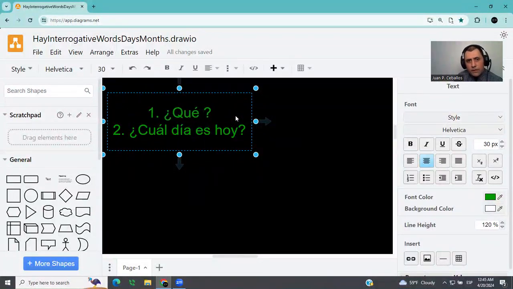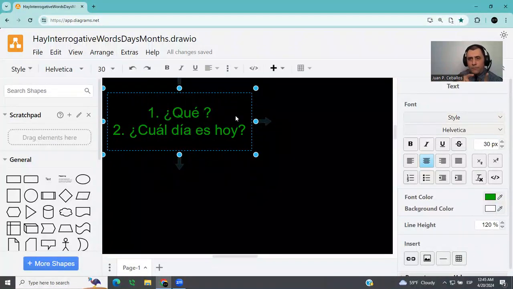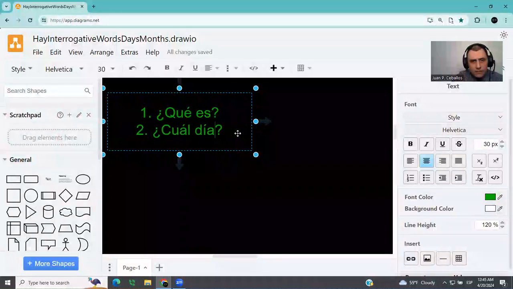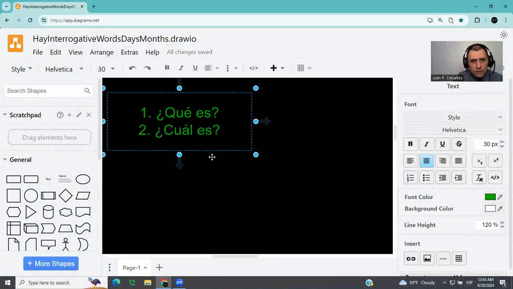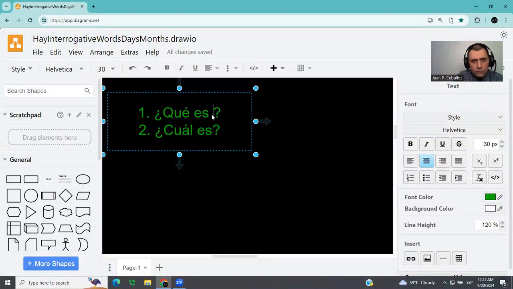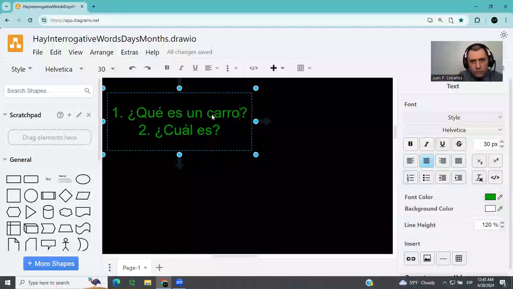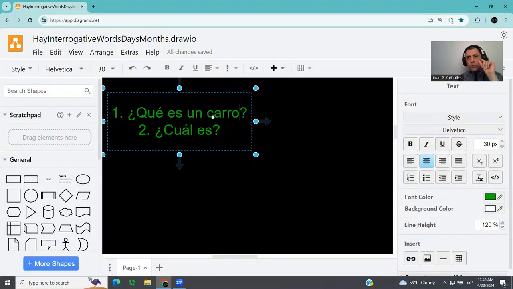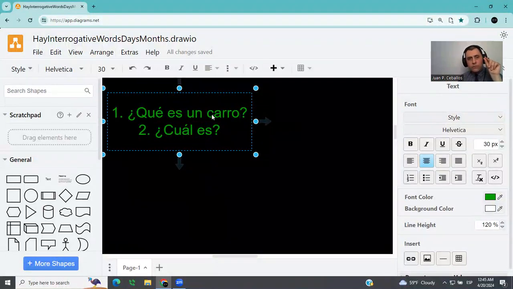If I say what plus the verb to be, check what happens. ¿Qué es? And ¿cuál es? If I say ¿qué es un carro? When you say what is and you use qué as the translation, ¿qué es?, you are asking for the meaning.